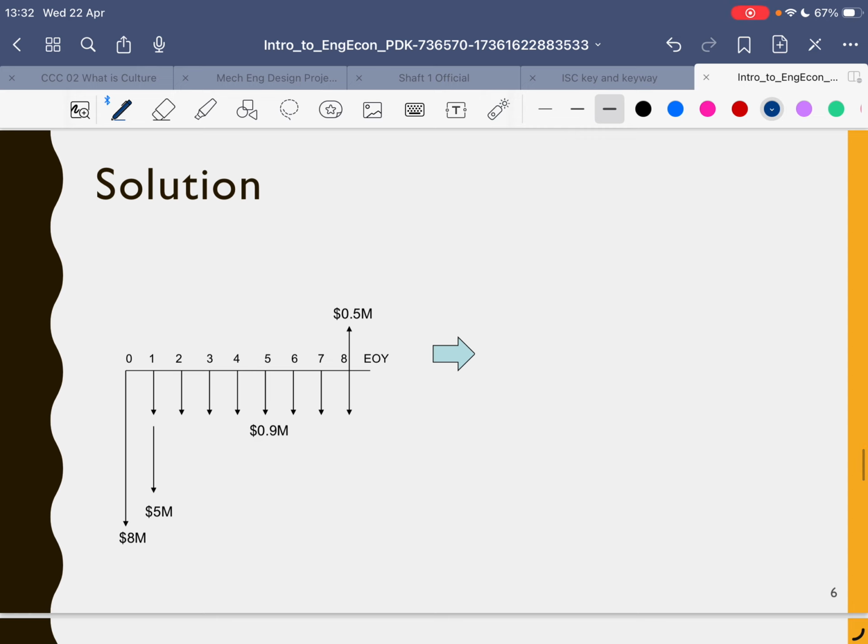Annual operating cost is $0.9 million and salvage value is 0.5. In the example, it will give you the MARR equal to 12%. So these are all the information you get from the description. First of all, let's calculate the capital recovery.